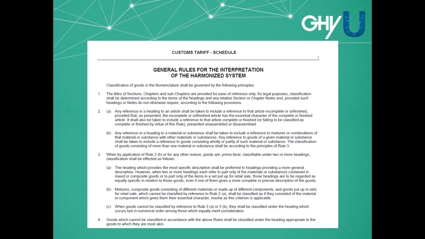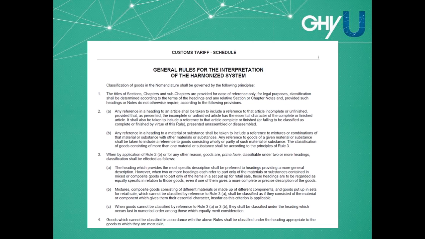So what gives the product its essential character? For example, a bed linen set comprising a woven bedspread, pillowcases, and bolsters put up in a paperboard case. How would you classify that? Well, that would go under 6304.